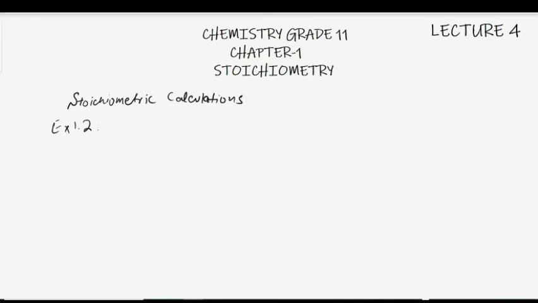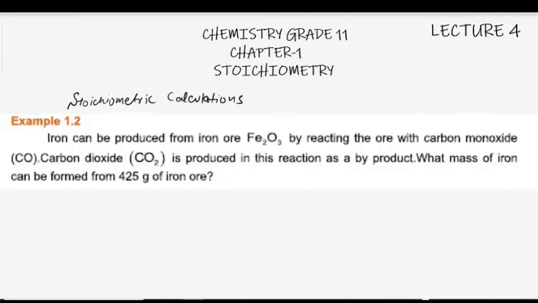The question states that iron can be produced from iron ore, that is Fe2O3, by reacting the ore with carbon monoxide, CO. Carbon dioxide is produced in this reaction as a byproduct. What mass of iron can be formed from 425 grams of iron ore?